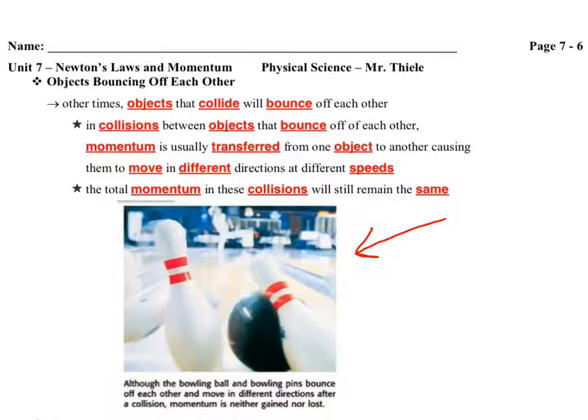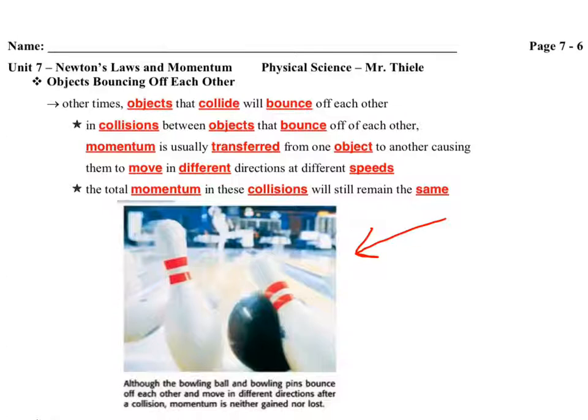Those pins, which were originally sitting still, so therefore had no velocity and no momentum, all of a sudden have some of the momentum of the bowling ball transferred into them, and they go flying off in different directions at different speeds. And because they have mass as well, each of those little pins has its own momentum. And the bowling ball itself also will continue on, probably at a slower speed, probably changing direction a little bit, but it will still continue moving.